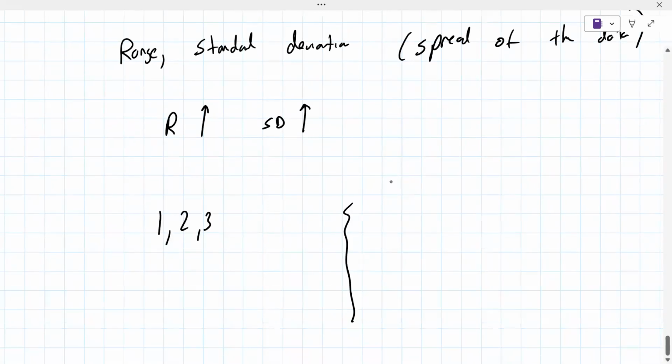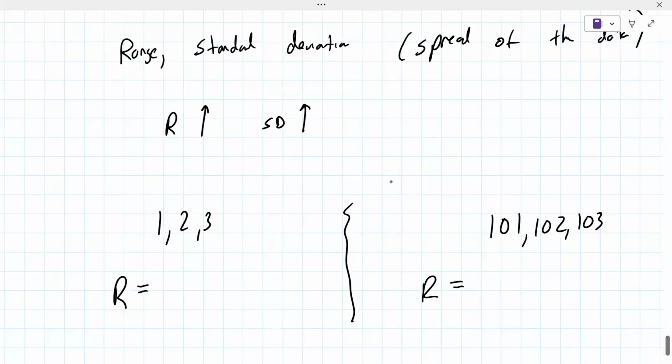But let's just use some common sense numbers here. If I give you this data set and this data set, what is the range of both data sets? Two. Do these have the same spread of the data? Yes.